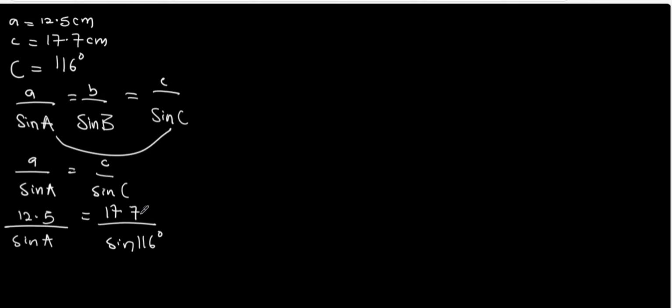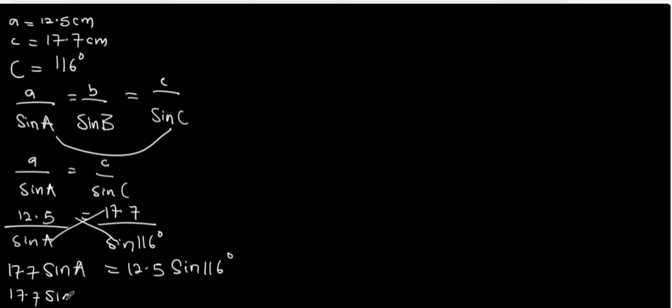Now, to find our angle A, first we cross multiply, so that 17.7 multiplied by sine A equals 12.5 multiplied by sine 116 degrees.